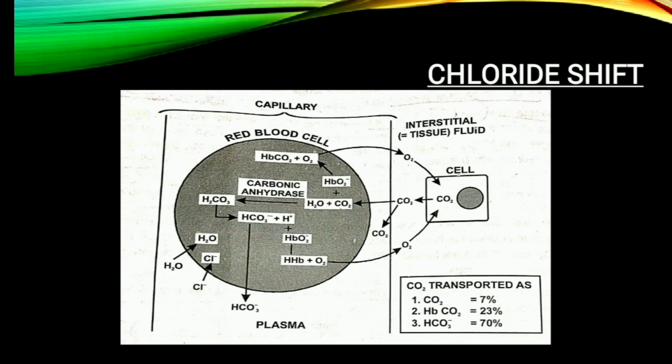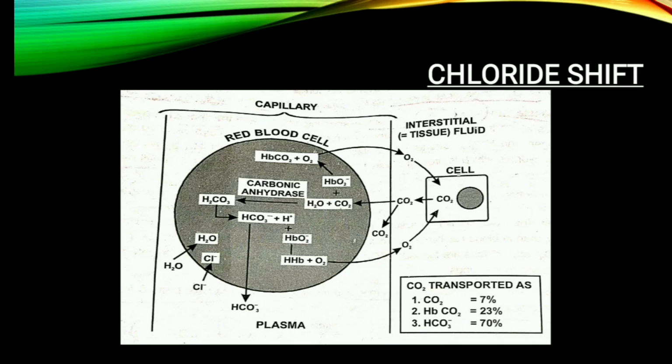Next, another important topic called the Haldane effect. I forgot to mention it in this slide. What is the Haldane effect? It is basically related to the transport of carbon dioxide in the blood. It is based on the simple fact that oxyhemoglobin behaves as a strong acid and releases an excess of H+ ions, which bind with the bicarbonate ions to form carbonic acid, right?